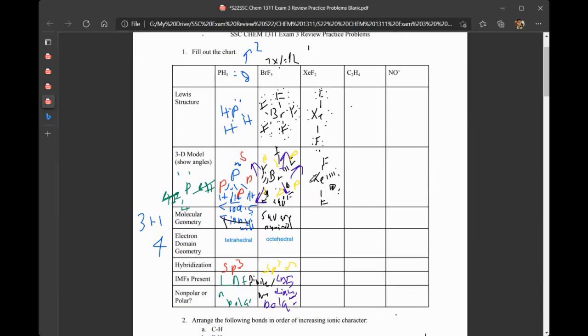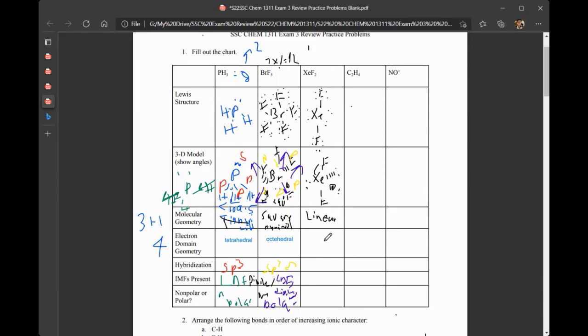According to the shape, it would look kind of linear, so according to the molecular geometry, it would be a linear model.